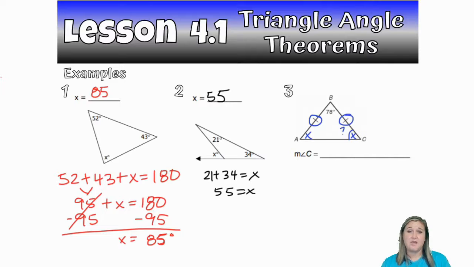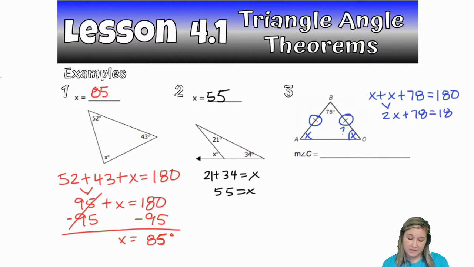So basically, what I would have is x plus x plus 78 is equal to 180. These two get together and make 2x plus 78 is equal to 180. I'll subtract 78 from each side, and I get 2x is equal to 102, and then divide each side by 2, and x is equal to 51.